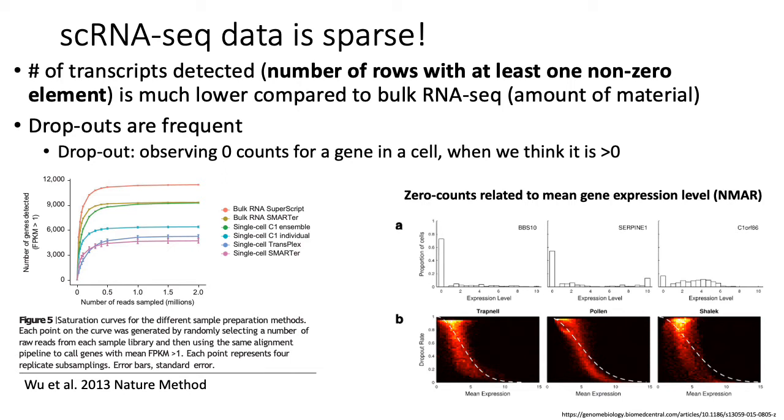Genes that are more highly expressed on average tend to be measured at 0 expression less often than genes that are poorly expressed. This is another way of saying that this dropout effect, where you don't see detection of a gene at all, occurs more frequently with genes that are poorly expressed than for genes that are highly expressed.